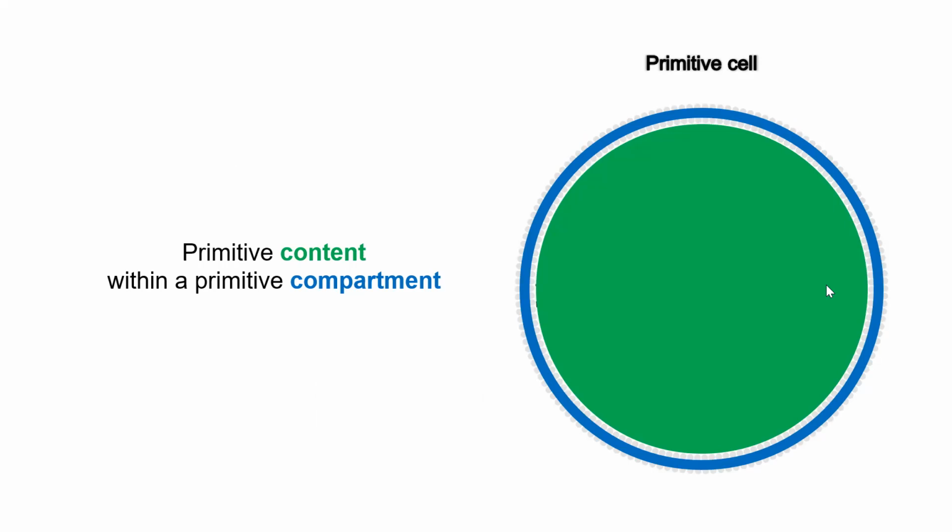So there will be molecules that have different structures, different composition, different shapes, and these properties will determine whether the molecule becomes part of the primitive content or the primitive compartment. But what I think is very important here, and it's the first take-home message for today, is that these molecules could well have arisen from the same scenario, in the same kind of environment, from the same kind of chemistry.